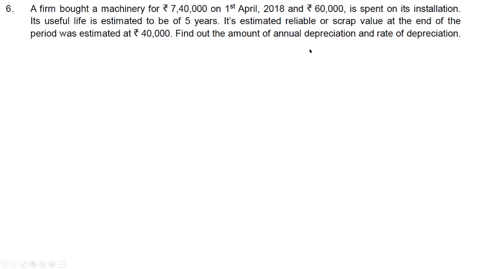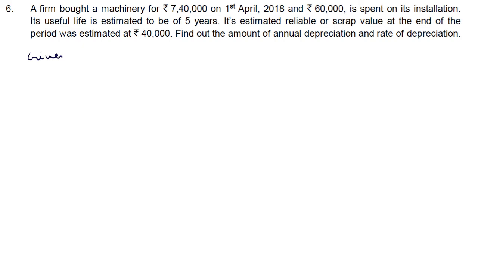Find the amount of annual depreciation and the rate of depreciation. Here a firm bought machinery for this amount and spent rupees 60,000 on installation. Its useful life is estimated to be 5 years and the scrap value was estimated to be rupees 40,000. We need to find the annual depreciation.